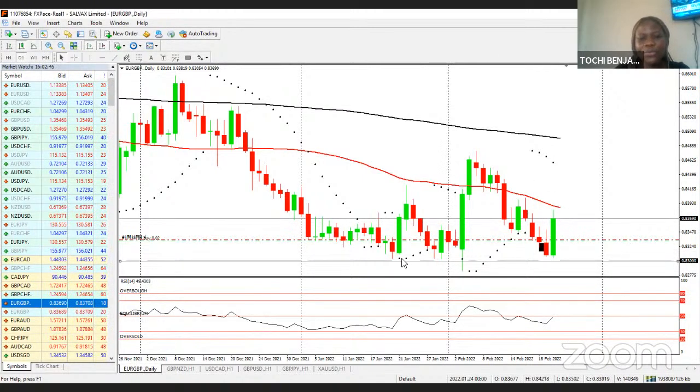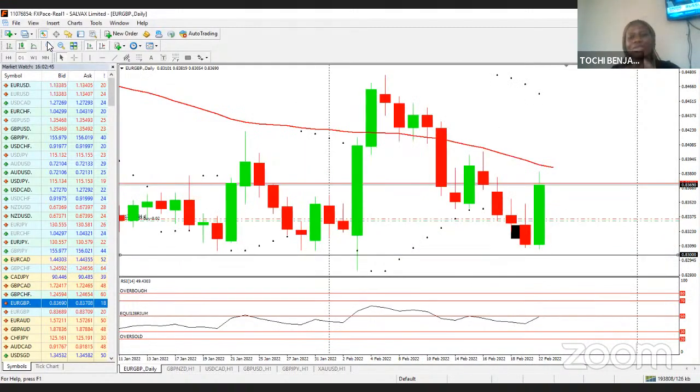Now, first of all, identify this level of support. There are 2 ways of using a psychological number on a support level. Psychological numbers are zeros that are attached to figures. There are different ways you can define your entry in the market, even though you are seeing price at the support.